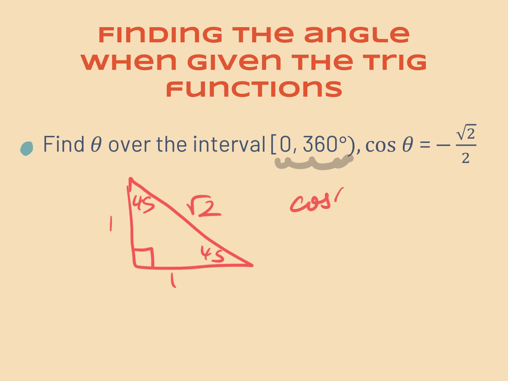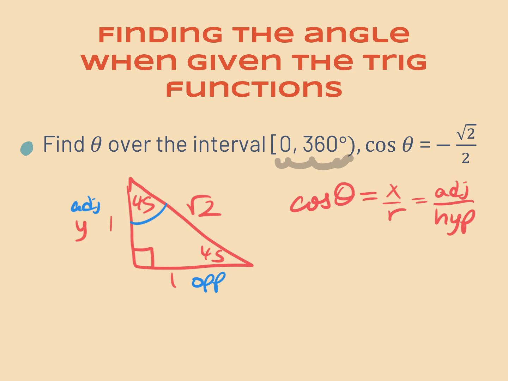So cosine is supposed to be x over r, or adjacent over hypotenuse.